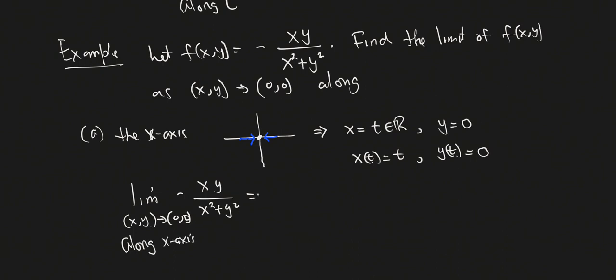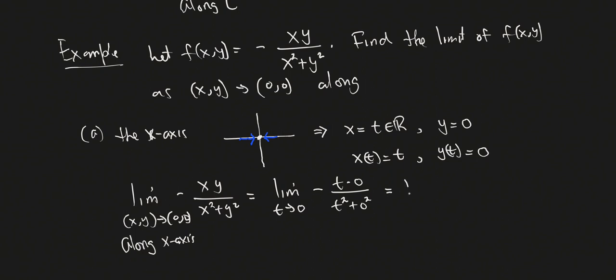So along the x-axis, I can simplify this limit and say this is the limit as t approaches 0. And then what I can do is replace all the x's with t and all the y's with 0. So this is what I have. I have negative t times 0 over t squared plus 0 squared. But simplifying this, right?